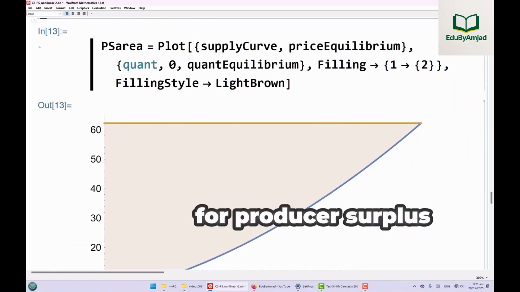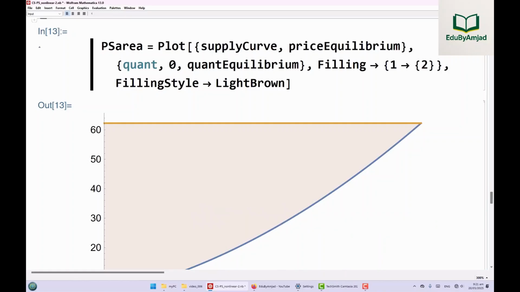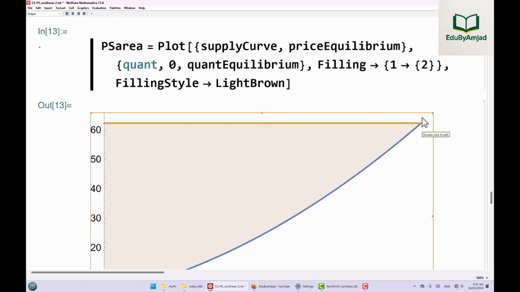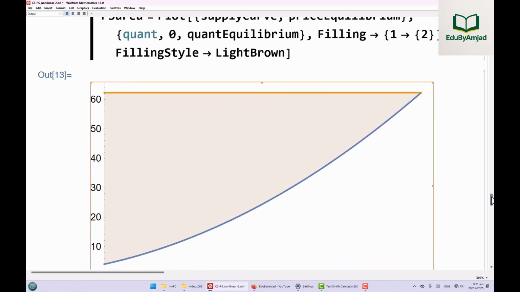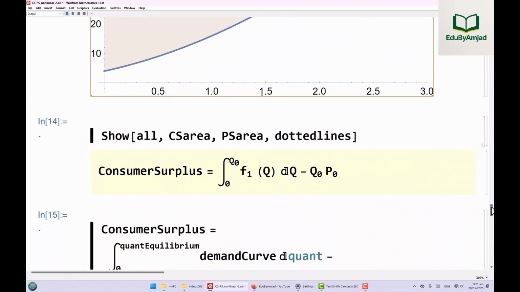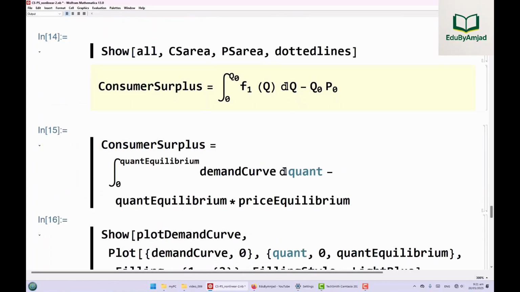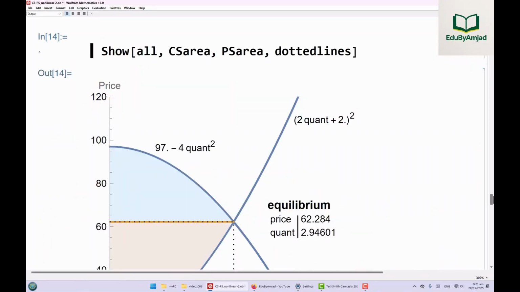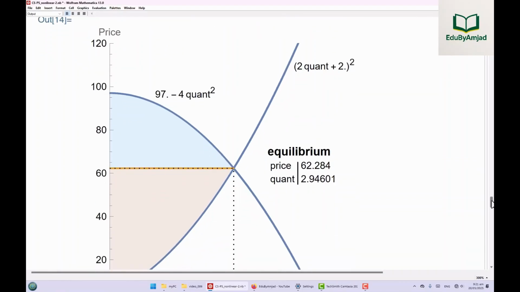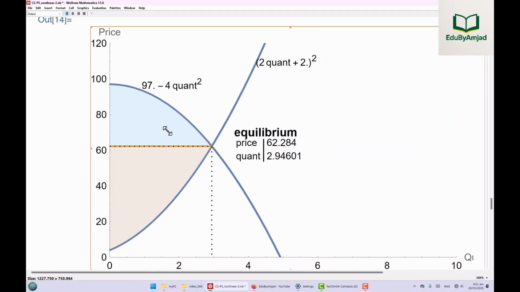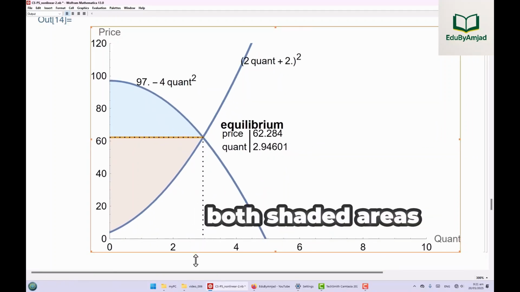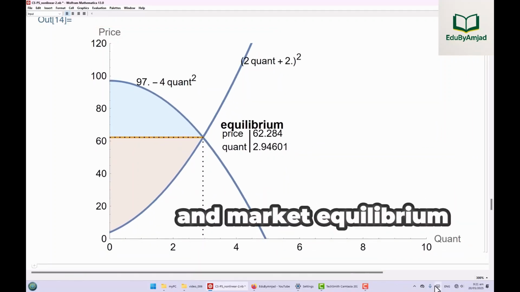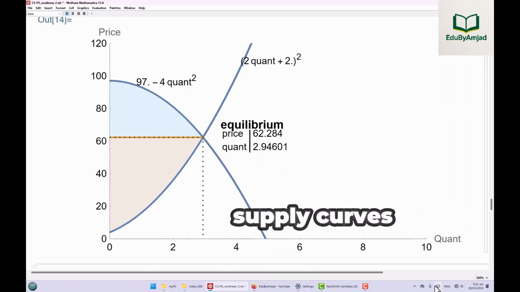Plot the shaded area for producer surplus. Show with the previous diagram. Here we show both shaded areas and the market equilibrium at the intersection of the demand and supply curves.